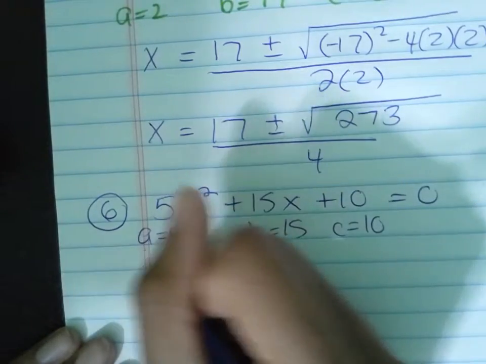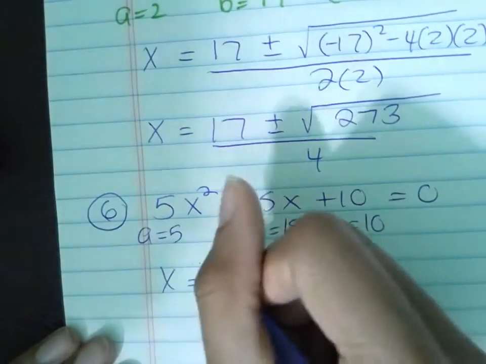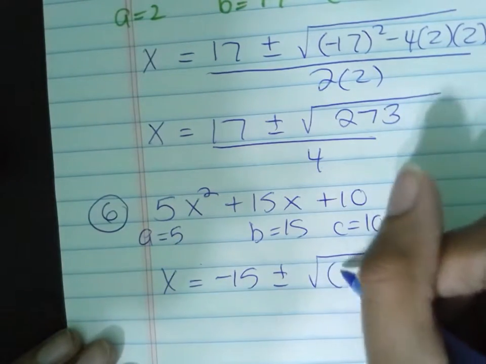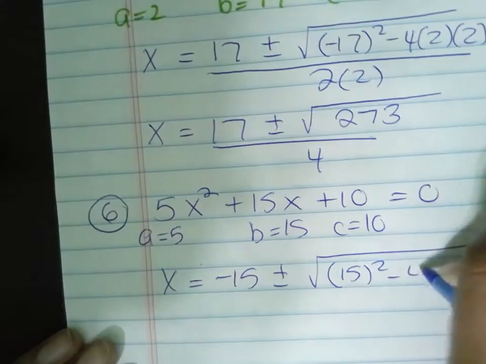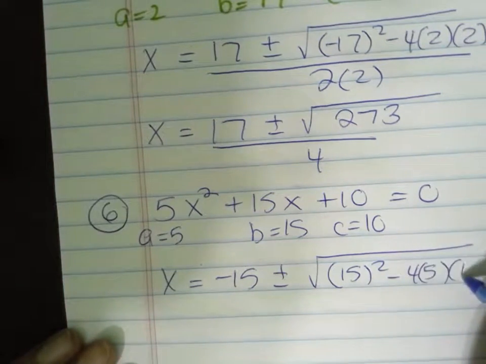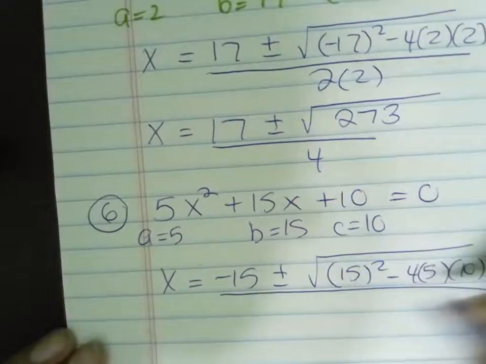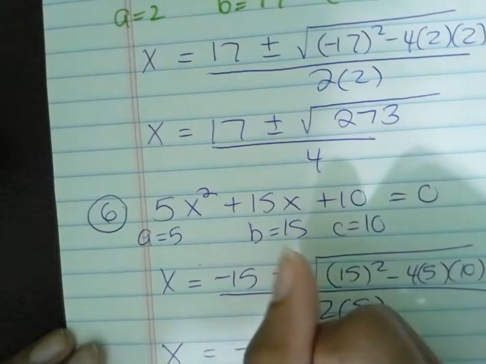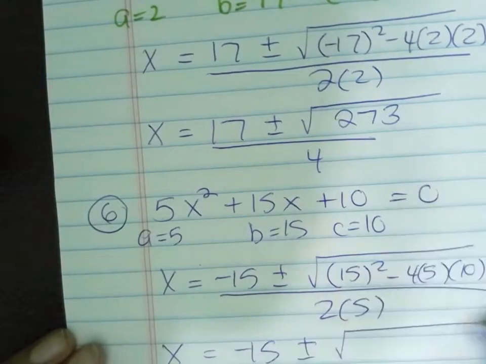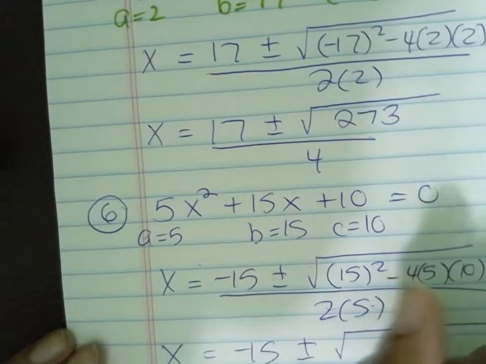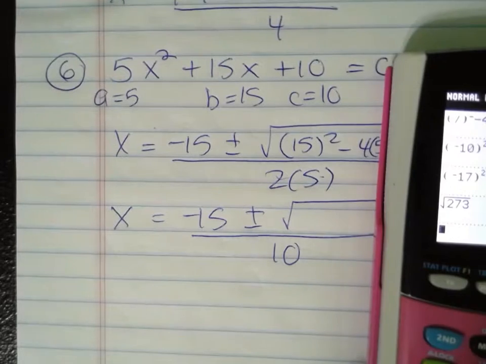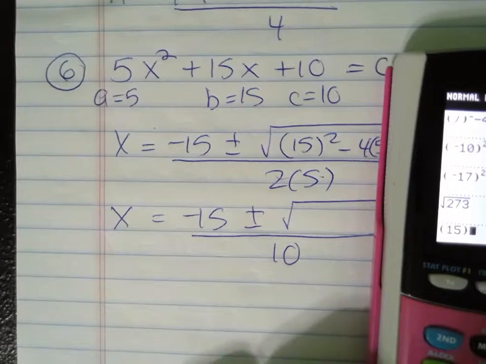X equals opposite B plus and minus radical B squared minus 4AC all over 2A. So we have negative 15 plus and minus whatever's in the radical, and then 2 times 5 is 10. All right, can we take the square root?